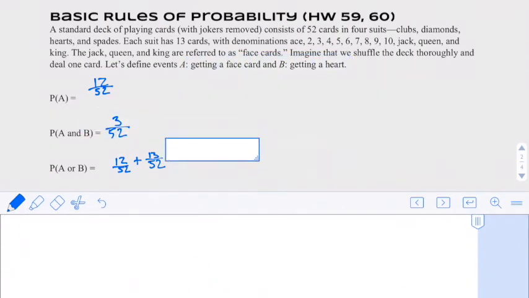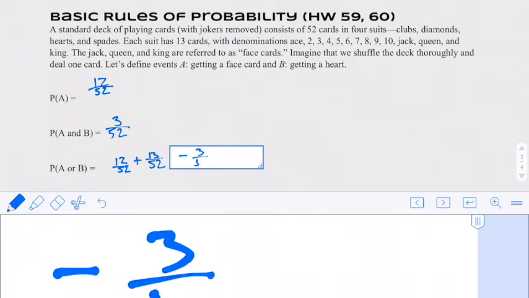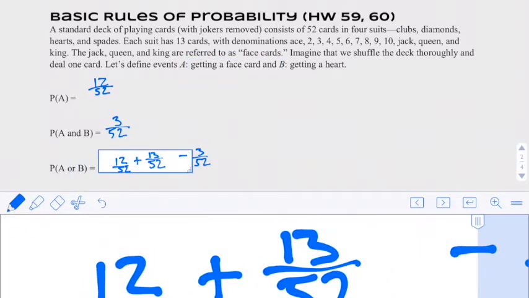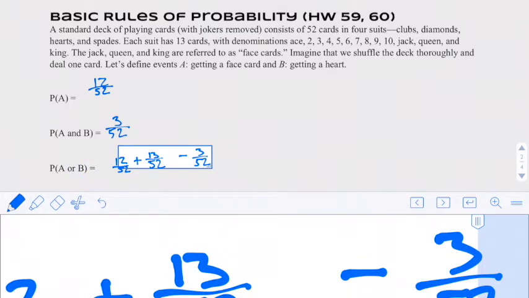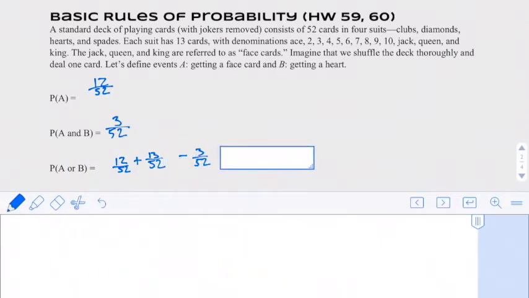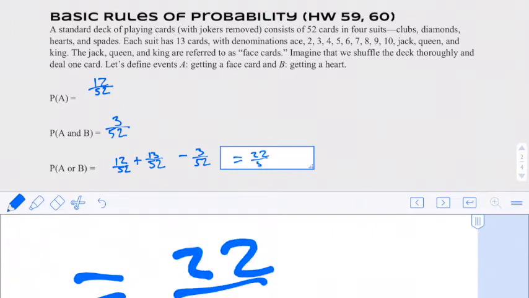Exactly 3 of them, to be honest. So we're going to take those 3 out that I counted twice. The King of Hearts, the Queen of Hearts, and the Jack of Hearts were in both this list and this list. So I want to subtract them away. So this probability is 22 out of 52.